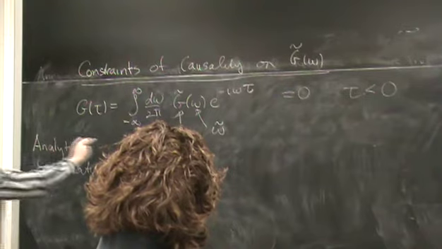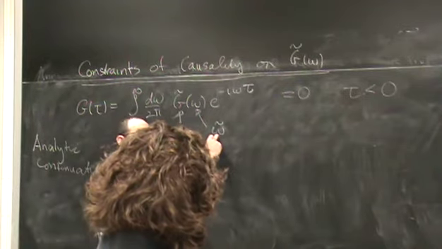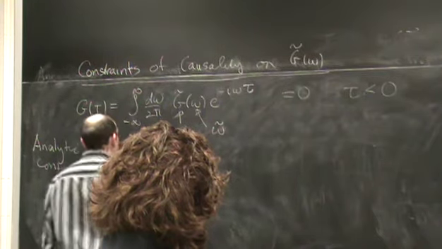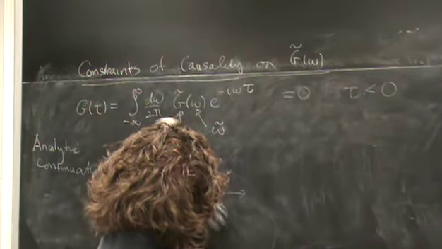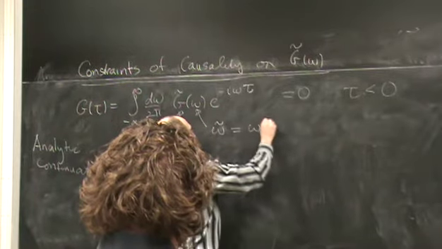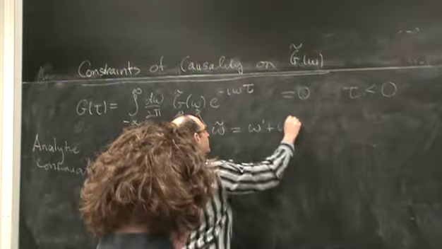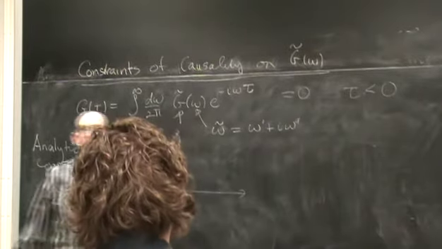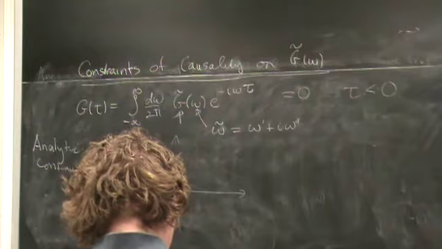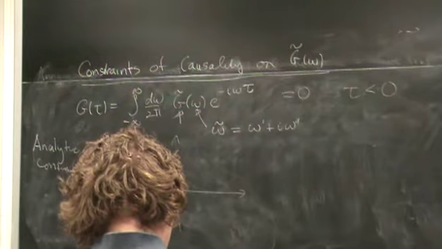This integral is on the real axis of the complex omega plane. Okay? So we have the complex omega plane, where we're going to use the notation, for simplicity, where we use the prime as the real part and double prime as the imaginary part.